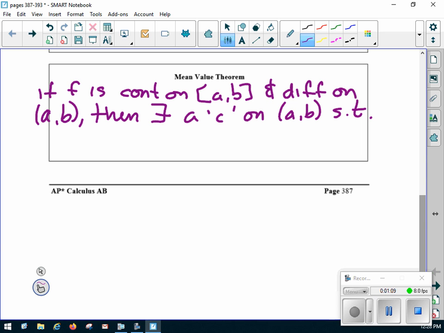Not f of c, f prime of c. Remember, mean value theorem. What's mean mean? Average. Yep.